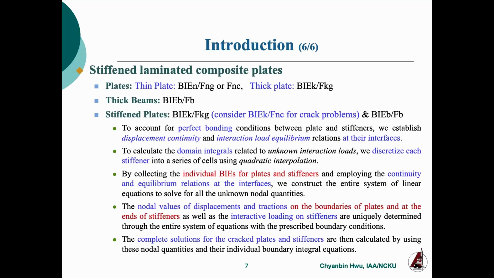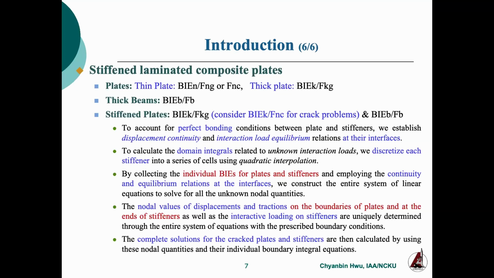So we need to discretize each stiffener into a series of cells and use quadratic interpolation. And by collecting the individual boundary integral equations for the plate and stiffener and employing the continuity and equivalence equations at the interface, we can construct the entire system of linear equations to solve the stiffened plate problem.